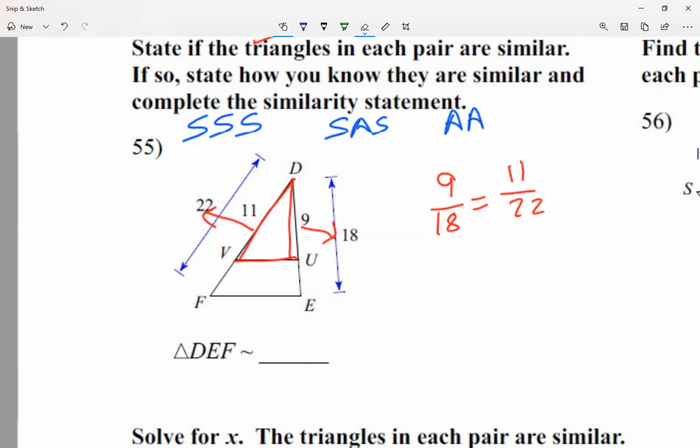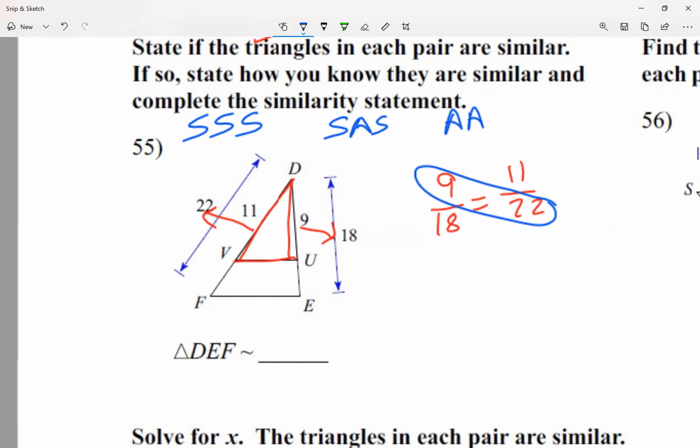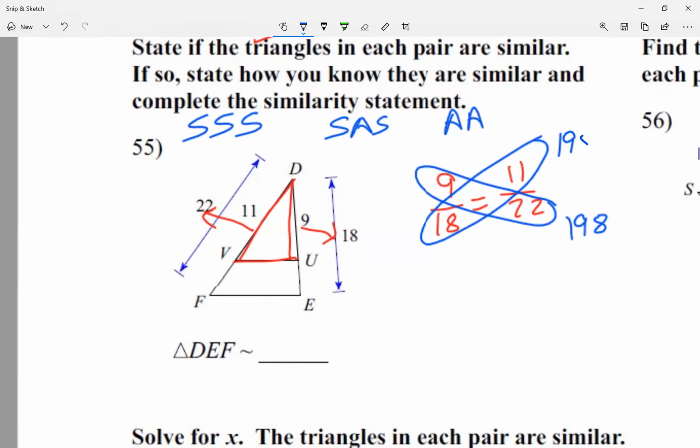When I multiply this way, 9 times 22 is 198. This other way, 18 times 11 is also 198. If you would have simplified your fractions, the fractions would have simplified to 1 over 2, both of them. So I know my sides are proportional, right? I just check if the sides are proportional. Okay, so they are. I'm going to continue.